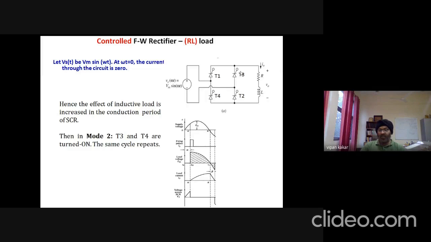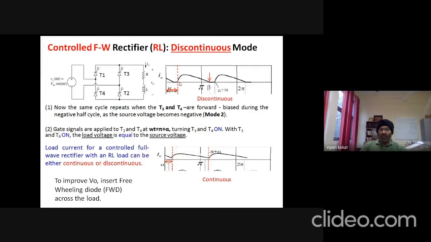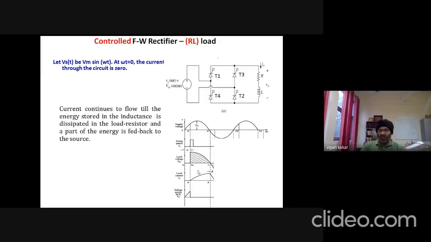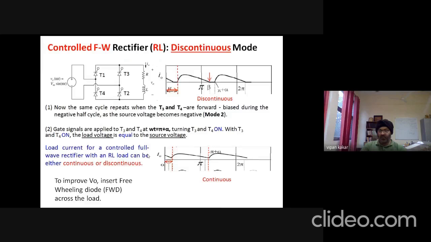After the next trigger, T3 and T4 are turned on, and the same cycle repeats itself. This type of waveform is shown at the output. Like the same, it grows to the maximum value, goes to zero, grows to the maximum value at angle pi, goes to zero at angle beta, and then the next cycle starts from here.